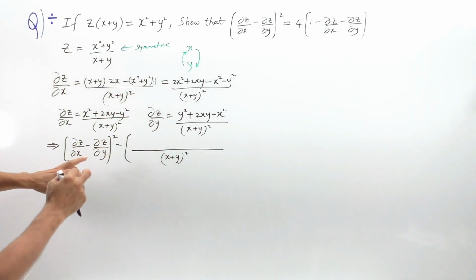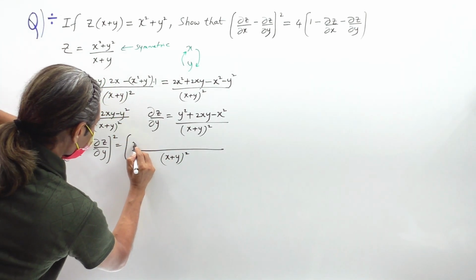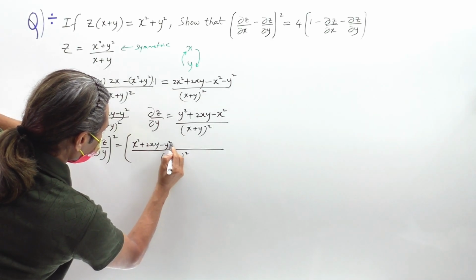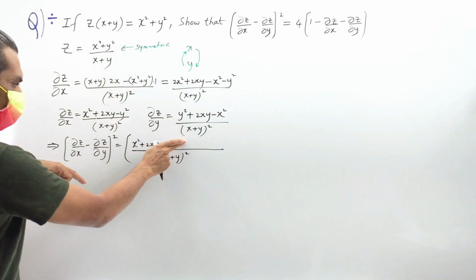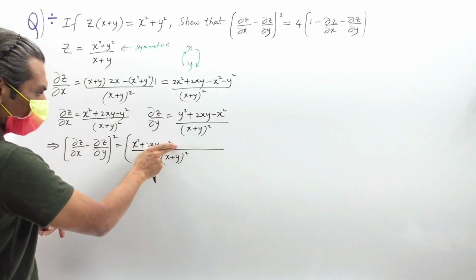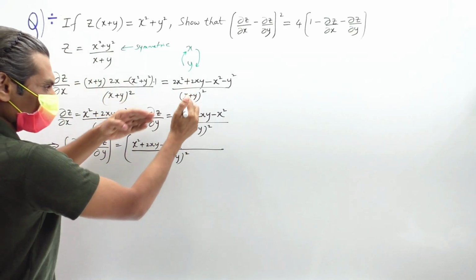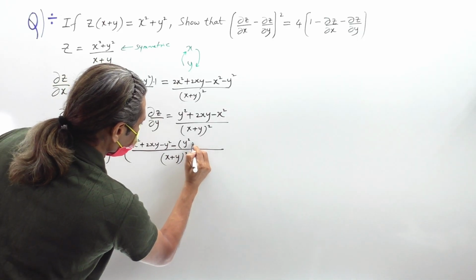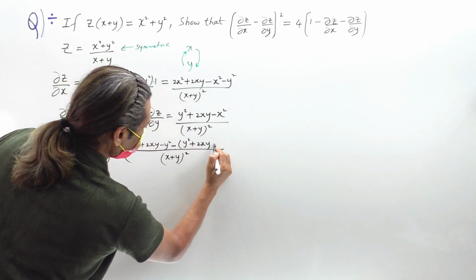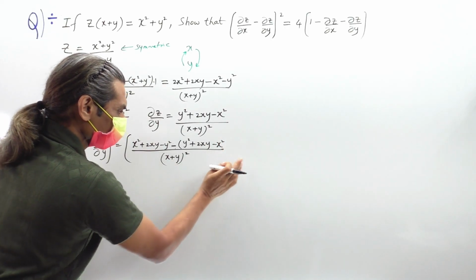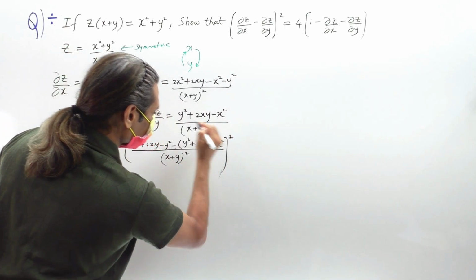Okay, am I right? Now, see, dou z by dou x is x square plus 2xy minus y square. Again, see, there is minus here. So, when there is a minus sign, always apply a bracket here into dou z by dou y, LCM is same. So, y square plus 2xy minus x square, right? And this whole thing, the whole square.